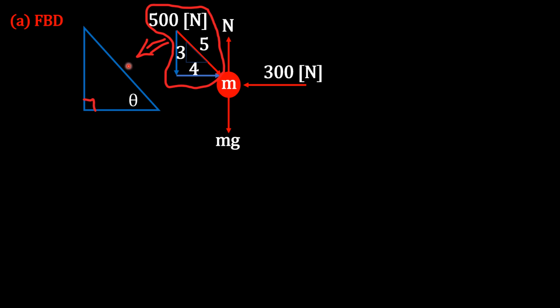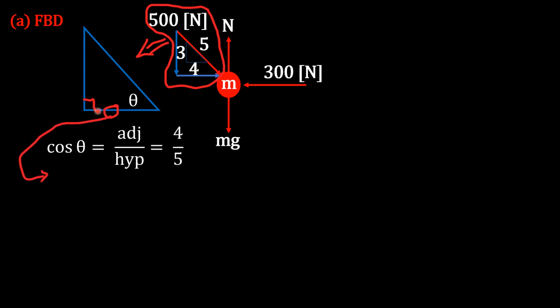What's opposite the right angle is the hypotenuse. What's adjacent to the angle is the horizontal, and what's opposite is the vertical. So here we know that cosine theta is adjacent over hypotenuse. Adjacent, as you can see, is 4, and the hypotenuse is 5.